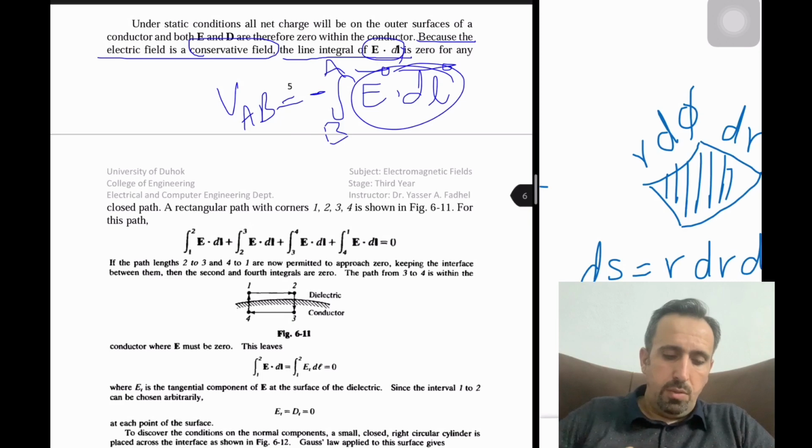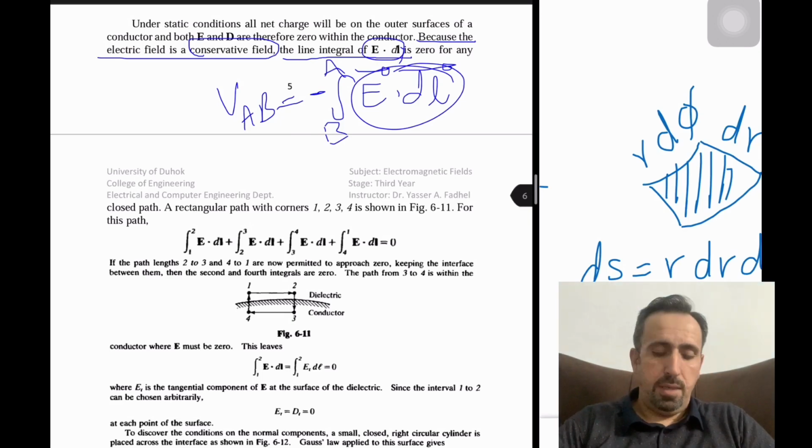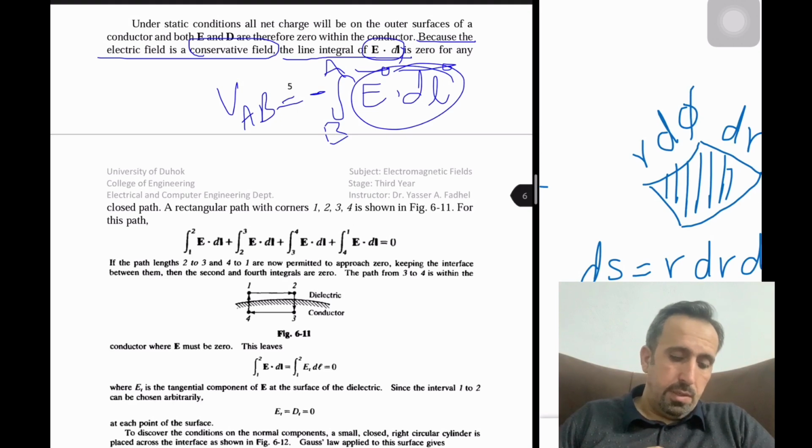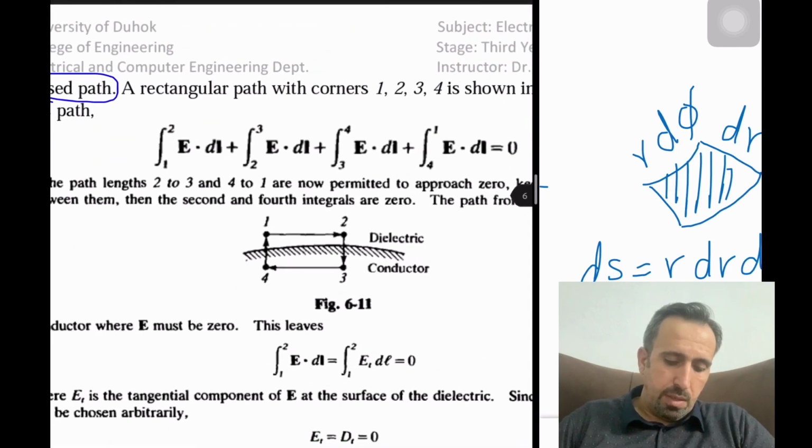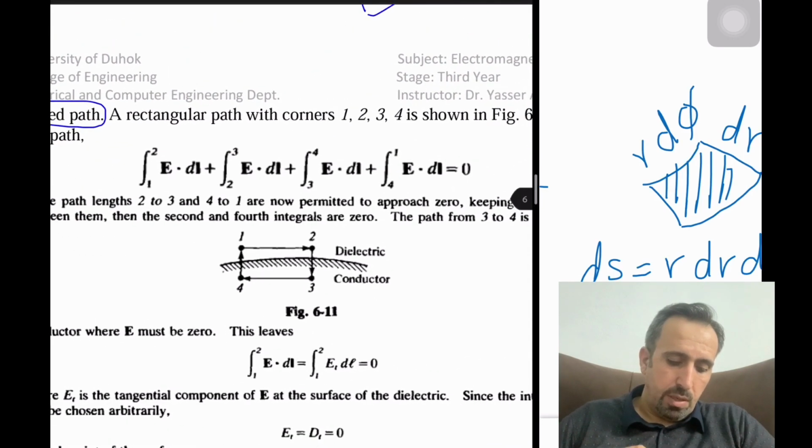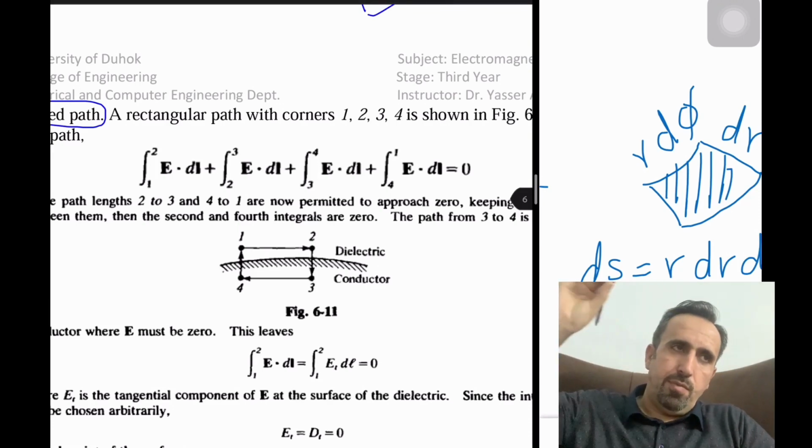So E dot dl reminds us of the voltage, and as in whatever we're talking about, you can think of just applying a KVL on a closed path. Now, the closed path here will be assumed to have 4 points.